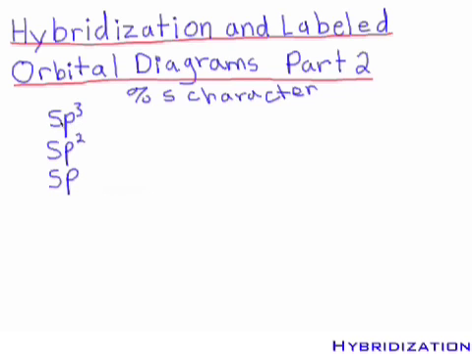The sp cubed was made by mixing S with a P and a P and another P. In other words, we mixed 4 orbitals. So out of 4 orbitals, S made up 1 orbital, or we had 25% S character. When we had sp squared, we had 3 orbitals, one of which is an S. That's 33% S character. And when we have hybridization of sp, S is 1 orbital, P is the other orbital that was mixed. S is half or 50% of the character of that orbital.